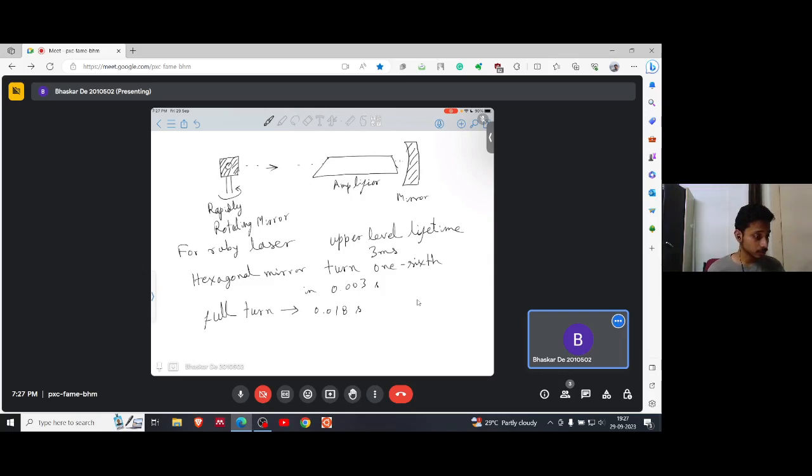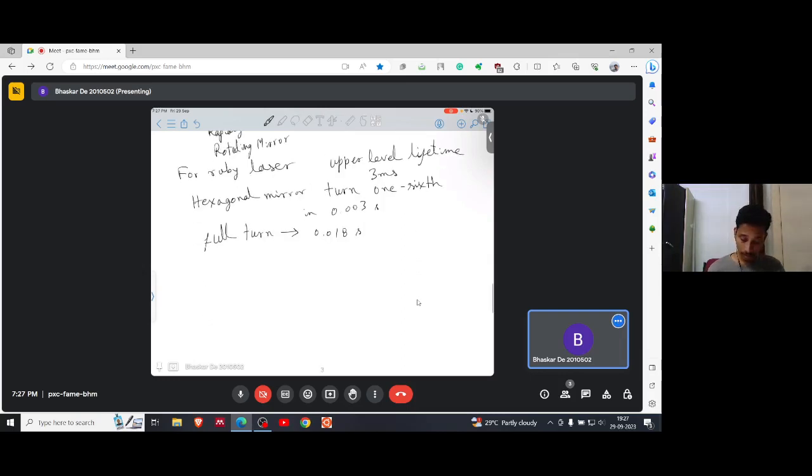So basically this corresponds to 3.333 rpm of the shaft. So this is a high rotation speed.